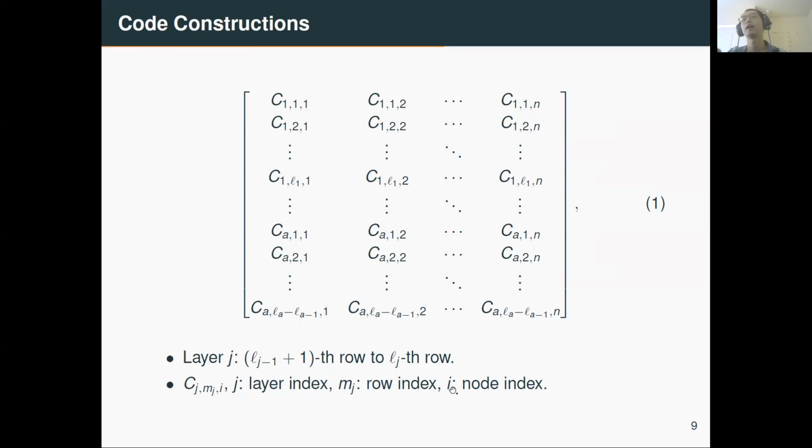And the last index is i, which means in which node the code word symbol is located. For example, we can look at C_122 here. It means that the code word symbol is located in layer 1, in the second row of layer 1, and in node 2.